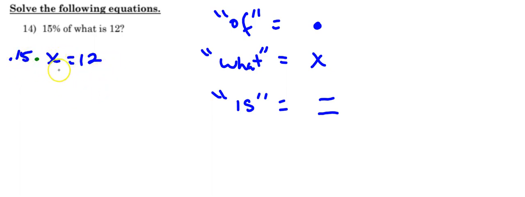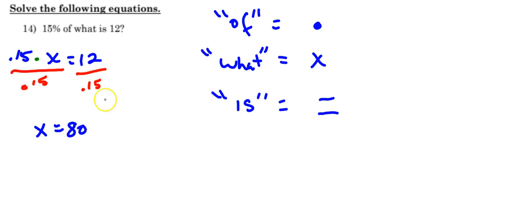We're trying to solve for x, so we're just going to divide both sides by that 0.15. And now it's just simple math. You pop that in the calculator, 12 divided by 0.15. x equals 80.